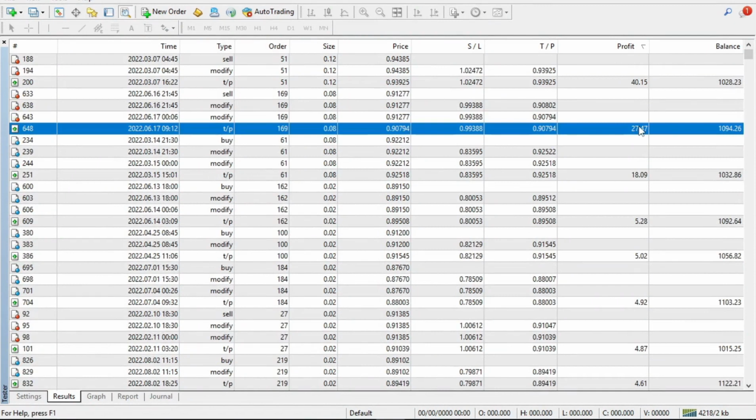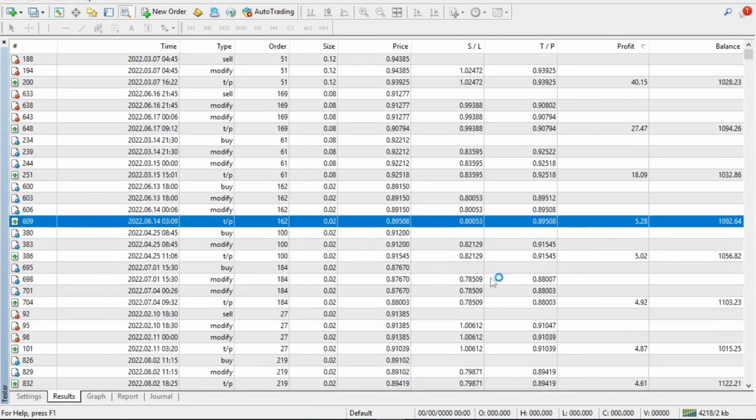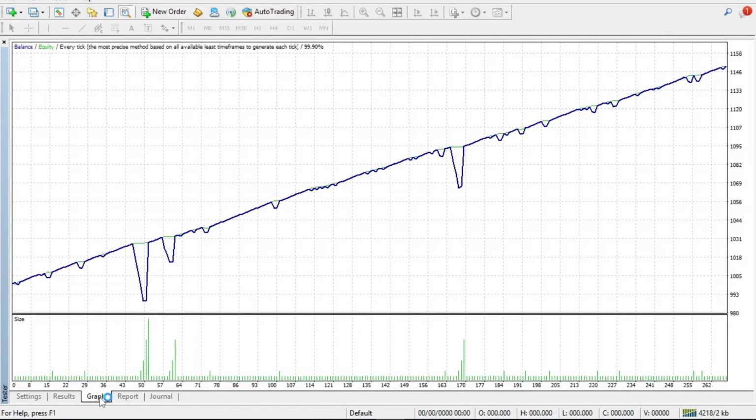And the biggest profit from each transaction is $40.15. For the profit graph like this, it looks like there is a drawdown in the 50th transaction.